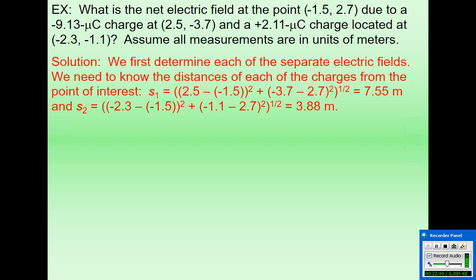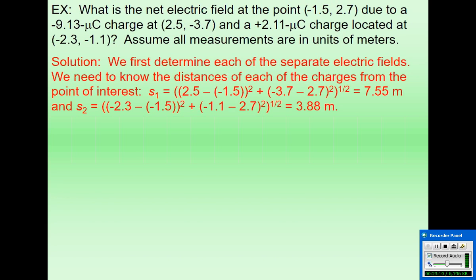One of those charges is negative 9.13 microcoulombs, and it's located at x equals 2.5, y equals negative 3.7. And the other charge is positive 2.11 microcoulombs, and it's at a location of negative 2.3 meters and negative 1.1 meters.